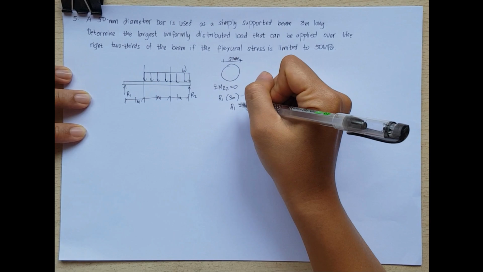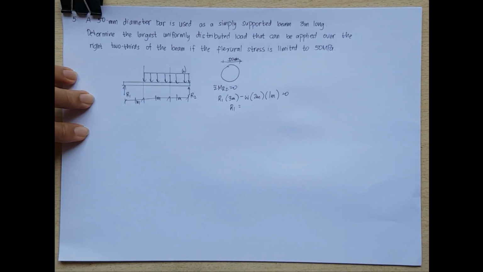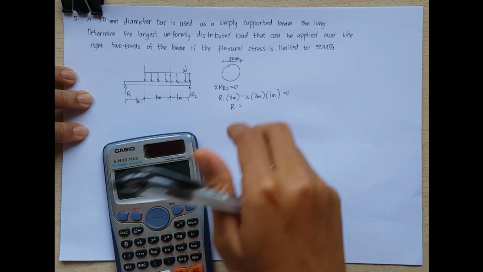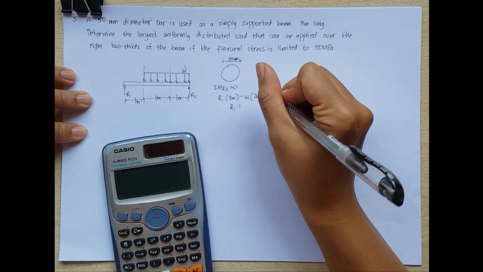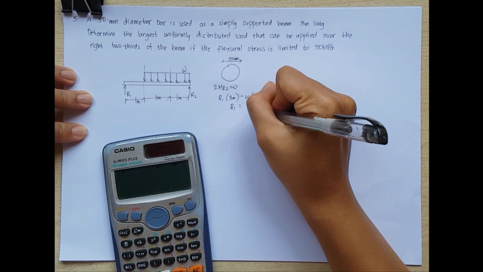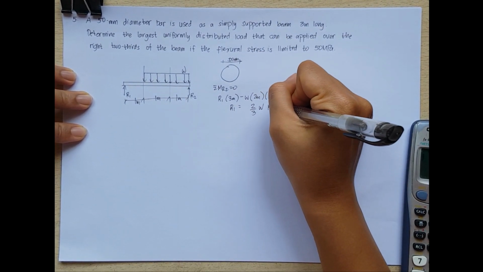Therefore, R1 is equal to, so transpose natin ito, so magiging 2/3 W kilonewton.